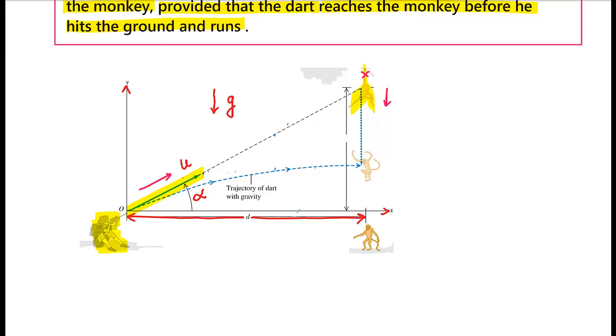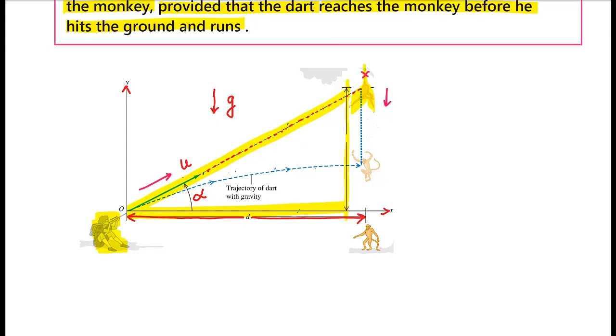Now this is the dart. Initially the dart is aiming at the monkey. So we can calculate this distance, because in this triangle alpha is known and d is known.